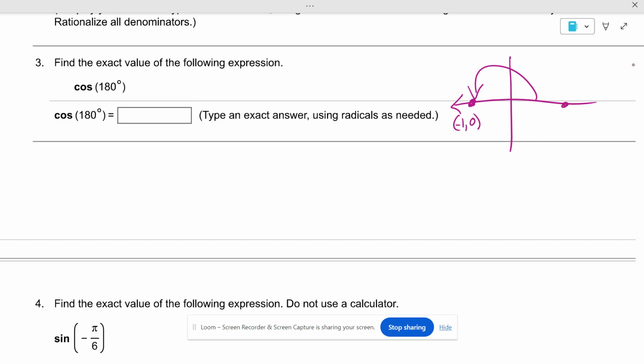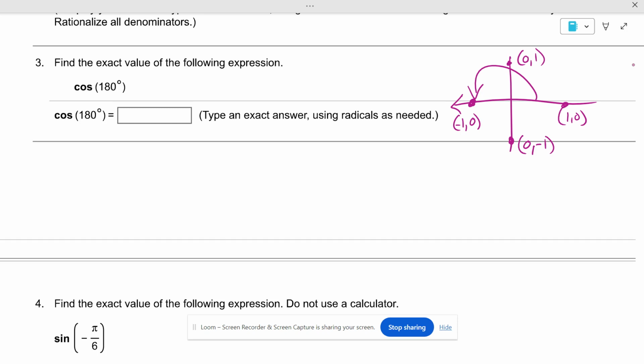Here, if we use this point, it would be 1, 0. This point up here would be 0, 1. And this point down here would be 0, -1. So if we're talking about cosine, we're going in the x direction, -1, and the y direction, 0.